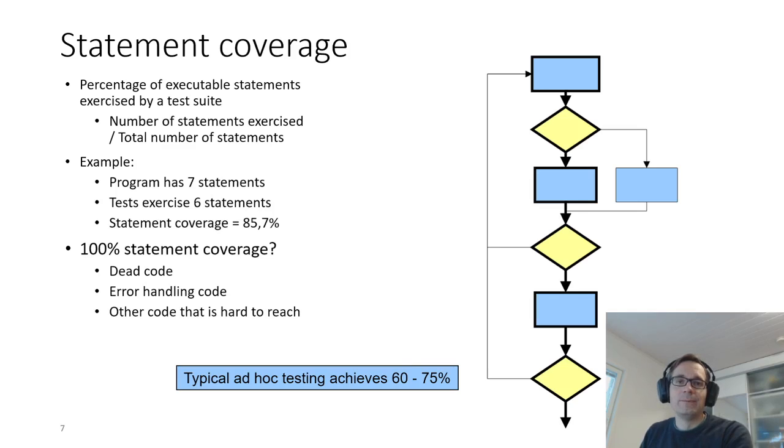It would be quite difficult to come up with test cases that simulate the malfunctioning hard drive. Obviously, you could do it easily with real hardware by just unplugging it, but this would be quite difficult for automated testing. You would probably need some type of simulator to do that. And there could be other code that is just hard to reach.